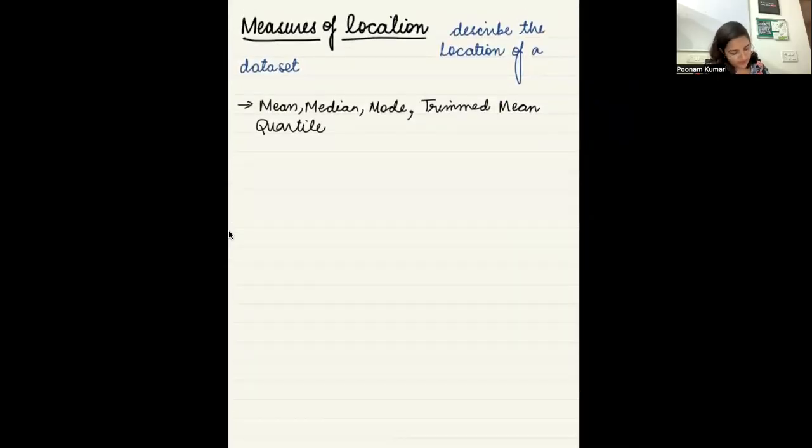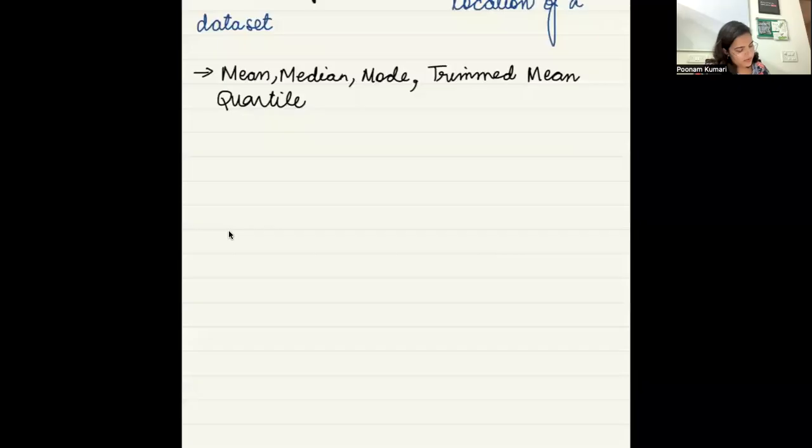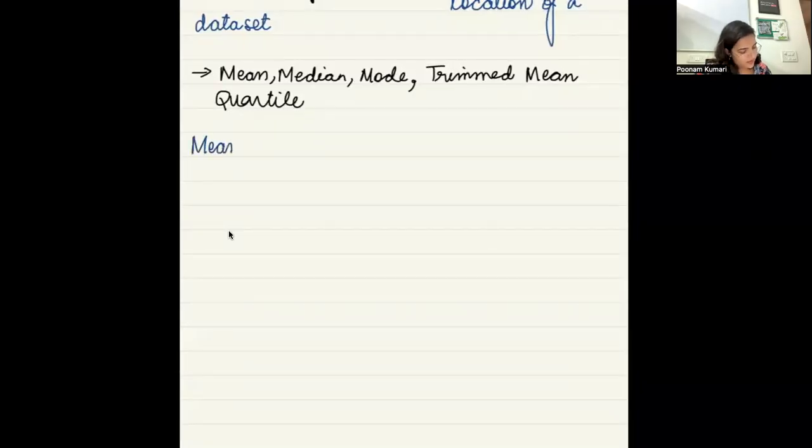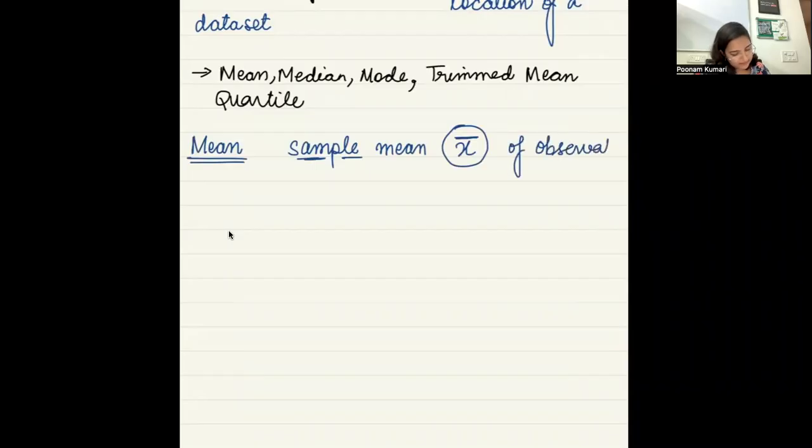So first of all, mean. What is mean? If you have to calculate sample mean, so let's say somebody gives you a sample of data and you have to calculate the mean. The sample mean is represented by x bar. Whenever you see this term, this means you're calculating sample mean. Sample mean of observations x1, x2 up to xn.